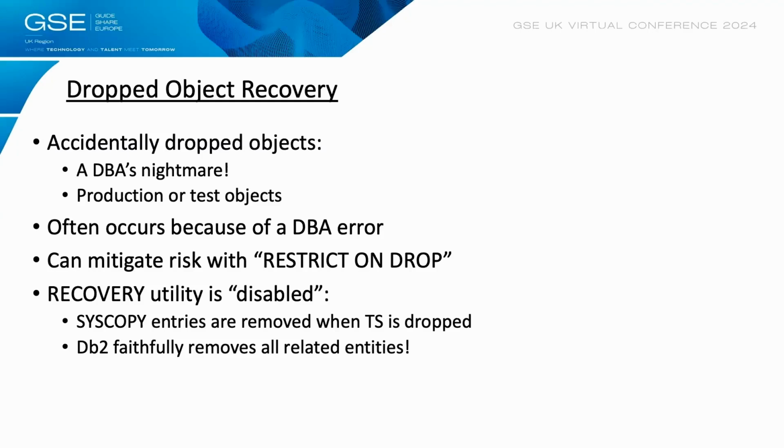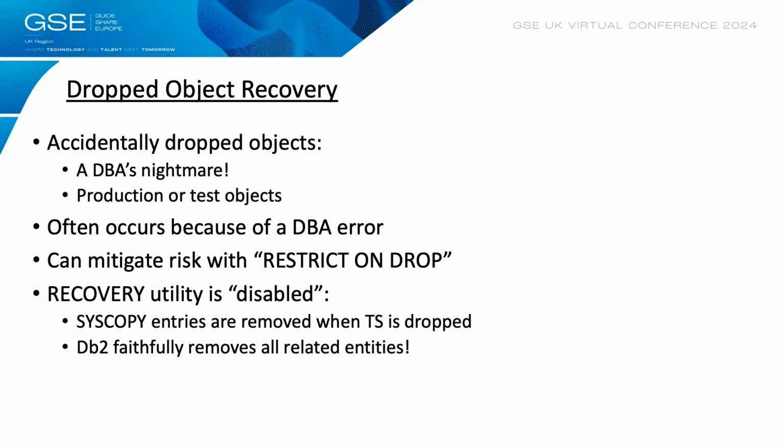IBM brought in the sort of strict on drop, which is great. That will stop you doing it accidentally. You can still do it accidentally, but it stops you doing that. But as we all know, once you drop an object, recovery is of no use.